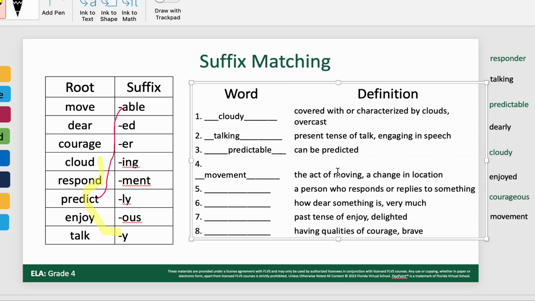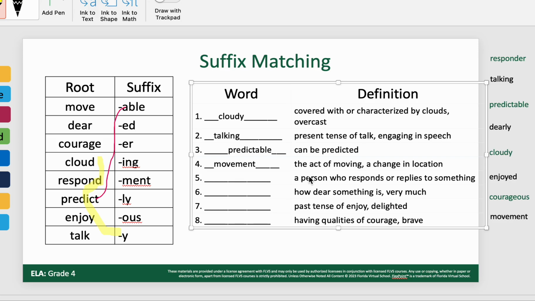I know that a person who responds to something. I'm not sure on that one. So I'm going to leave that blank and we're going to come back to it, because sometimes a strategy that people use is leaving it and coming back to it. So let's move on to the next one.